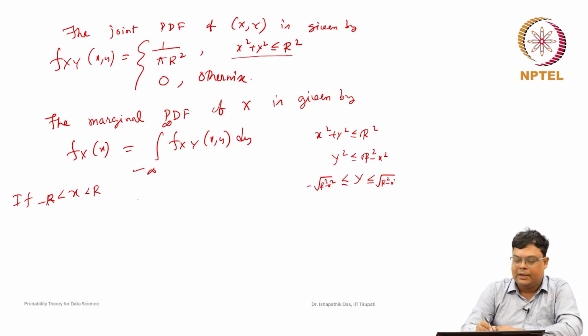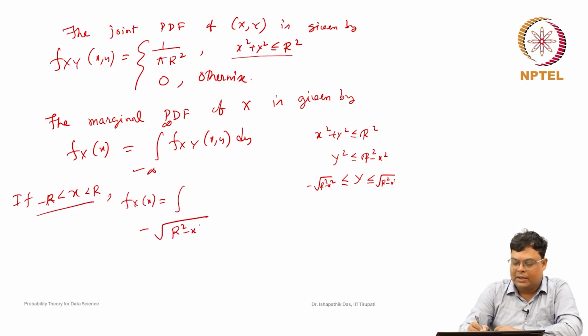Otherwise this value will be 0. For this region only, the integral runs from minus root over r square minus x square to root over r square minus x square, and the value is 1 by pi r square by definition, then dy.